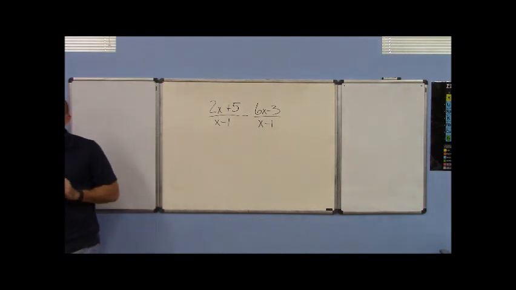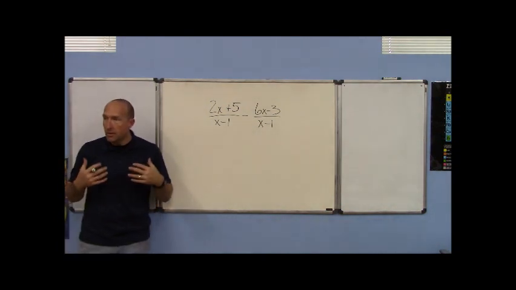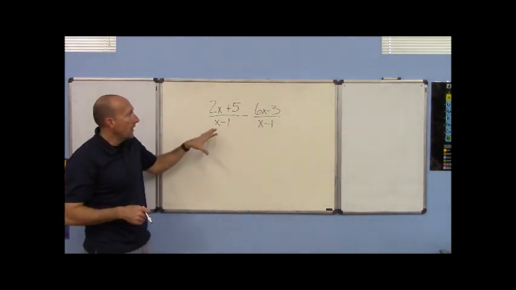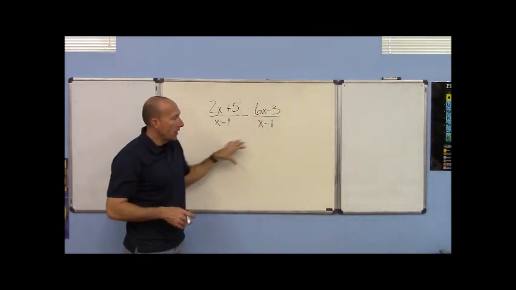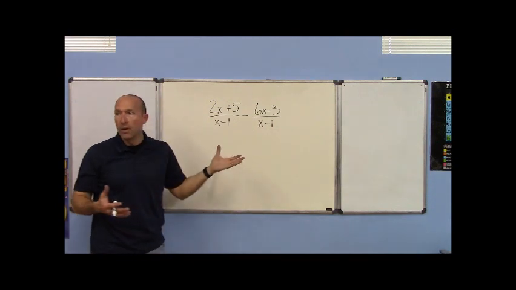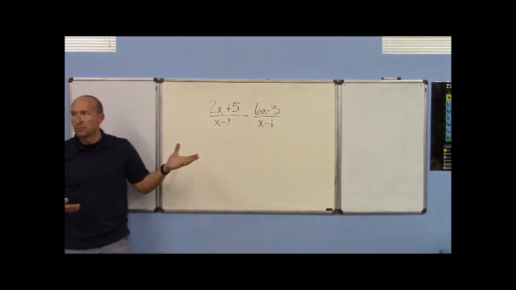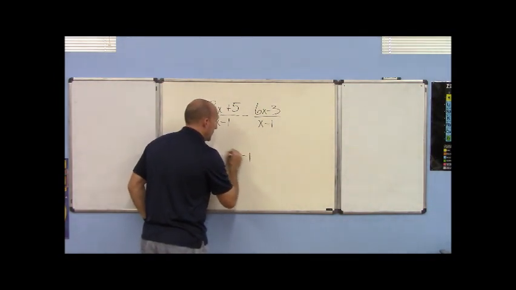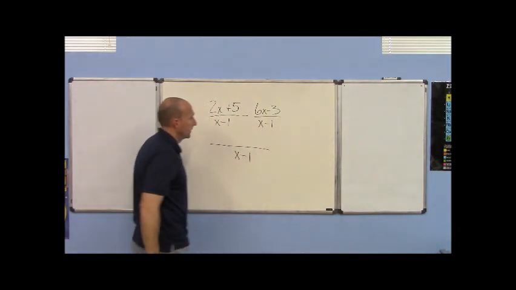The best thing I tell you to do, I think is going to visually be easier for you, is to go ahead and find what your common denominator is, which is going to be what on this? X minus 1. Absolutely, x minus 1. Go ahead and write that down there and draw one big line.